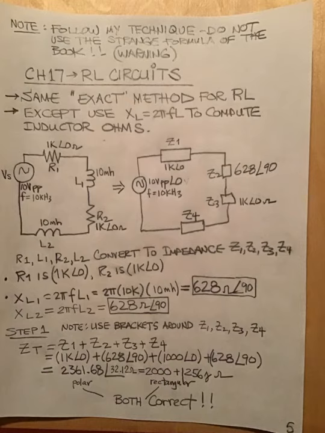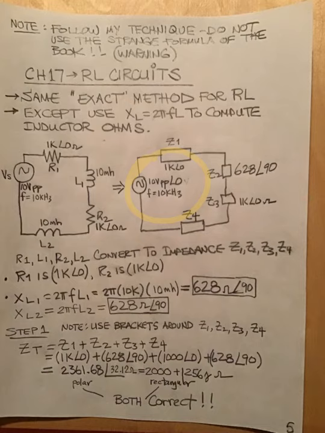You should be able to copy this problem down, take a picture of it, write it down, and walk your way through just like we did the RC circuit problem. You'll see again that the battery is 10 volts peak to peak at 0.